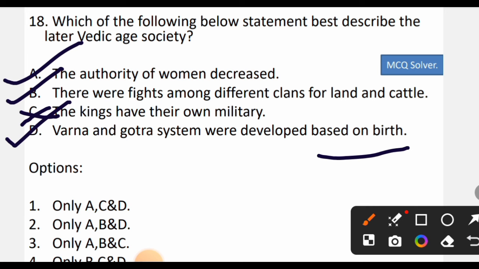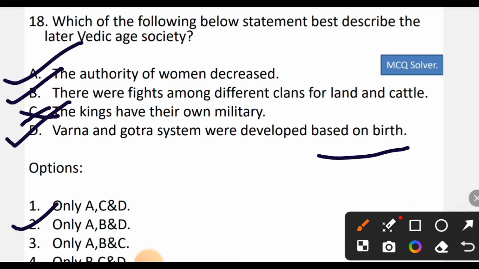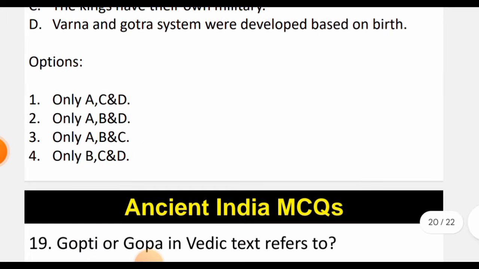Like the authority of women was increased during the Vedic age, which later decreased in the later Vedic age. So the correct option will be option number 2, that is only A, B and D are correct. So option 2 is the correct option.